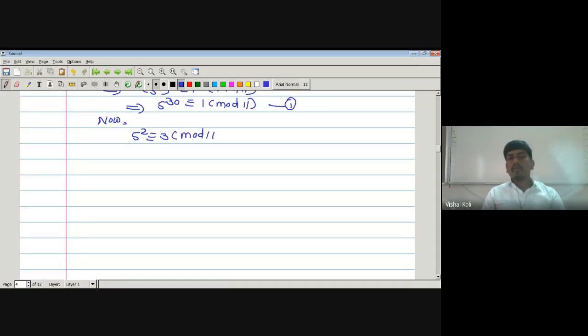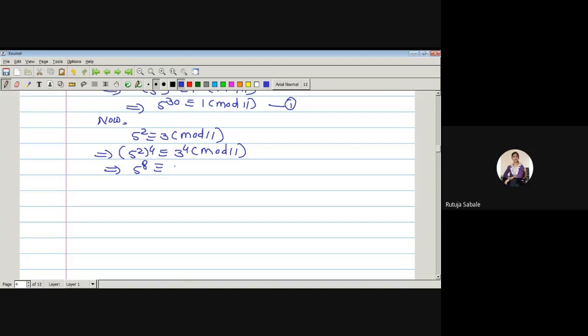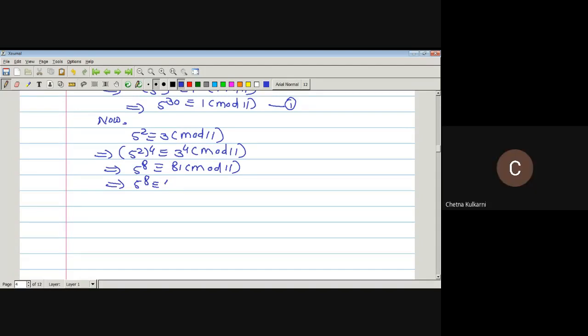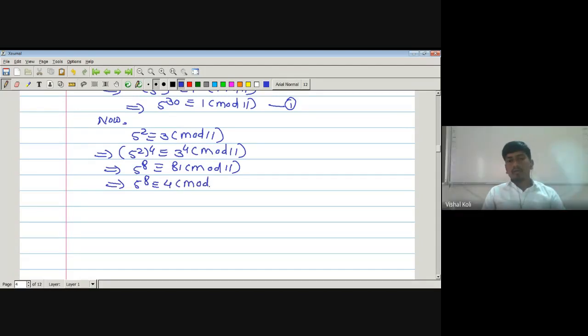Now which implies 5 square to the power 4 is congruent to 3 to the power 4 modulo 11, which is nothing but 5 to the power 8 congruent to 3 to the power 4, which is 81, modulo 11. What is the value of 81 modulo 11? 11 into 7 is 77, the remainder will be 4. So 5 to the power 8 is congruent to 4 modulo 11.